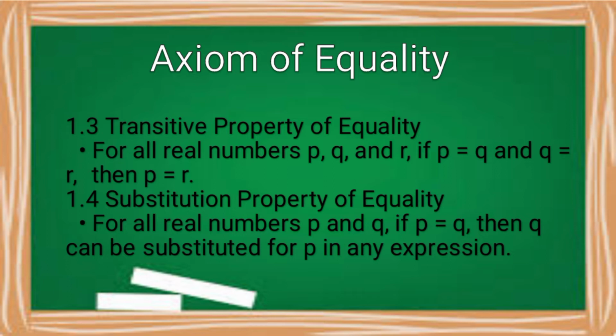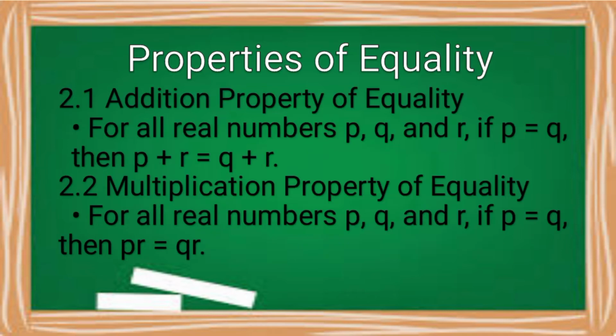And the substitution property of equality: for all real numbers p and q, if p is equal to q, then q can be substituted for p in any expression since they are equal.